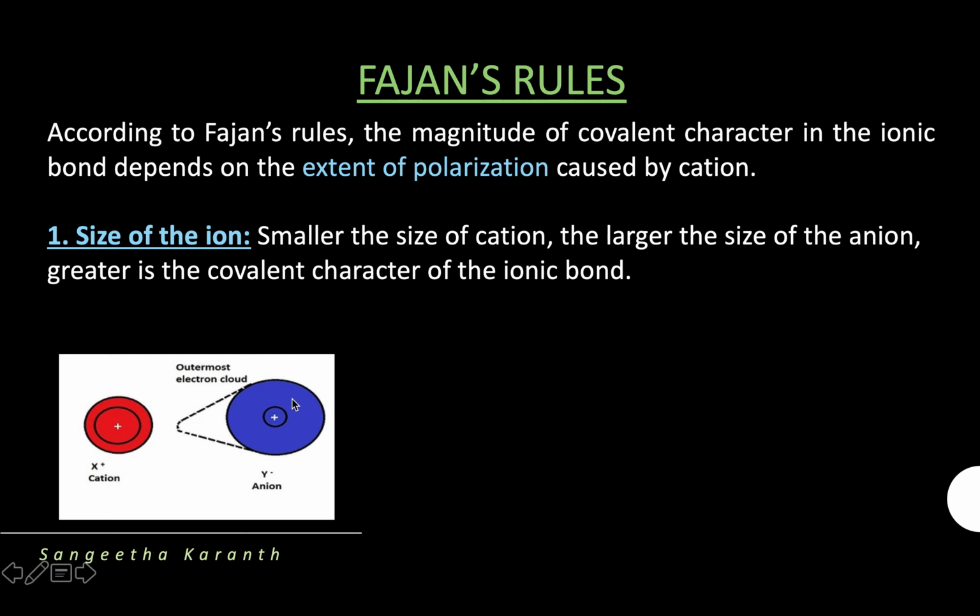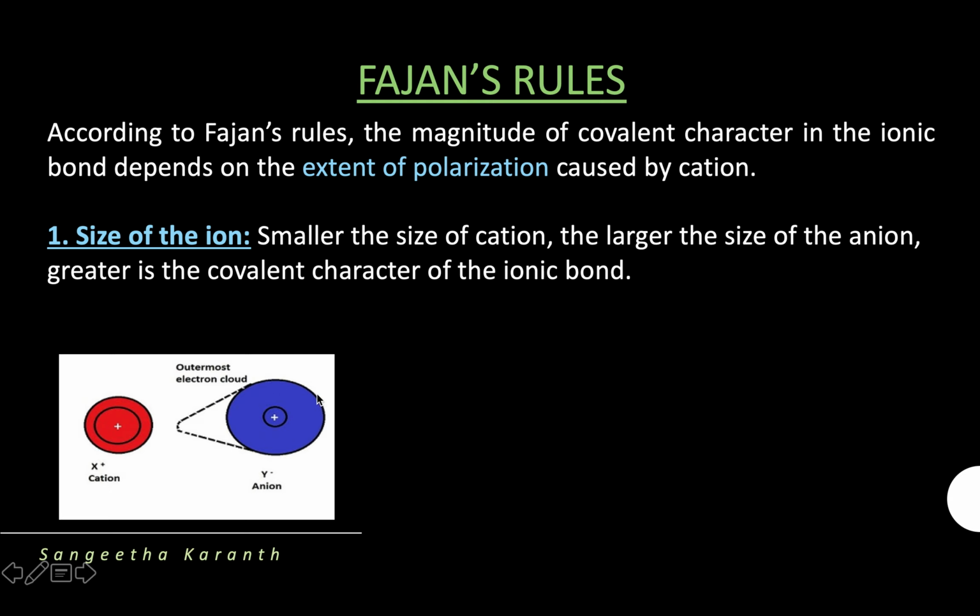Suppose this is the anion. The outer cloud of the anion will be polarized by the cation. This is X, that is the cation, and this is Y, that is the anion. Here we are speaking about the outer cloud of the anion. Obviously, we know that in most cases the anion has a larger size when compared to the cation.